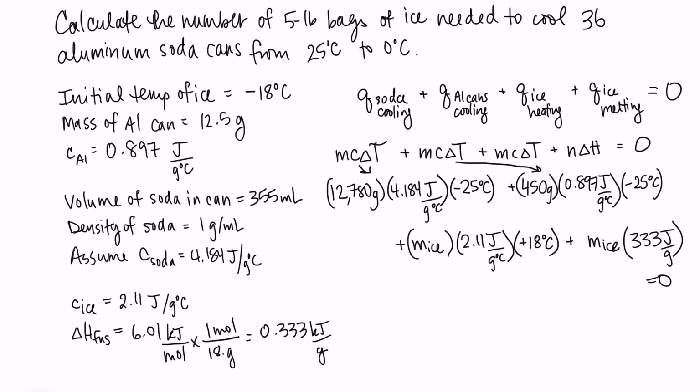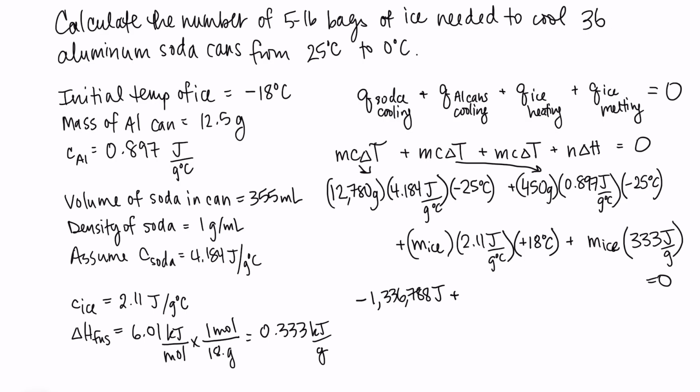Okay, so now I have a fair bit of algebra to do. What I'm going to do is work out each of these things separately and then we will deal with the algebra. So I have 12,780 times 4.184 times negative 25. So that gives me for my soda negative 1,336,788 joules.